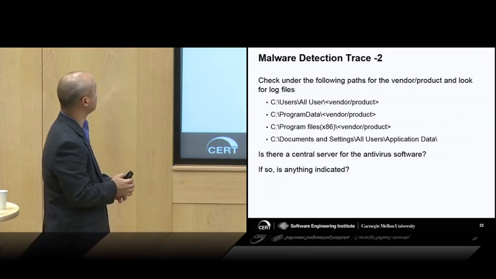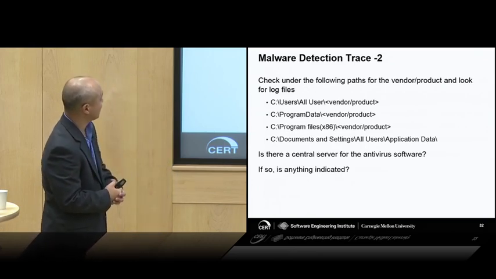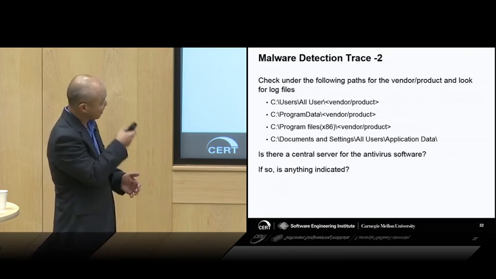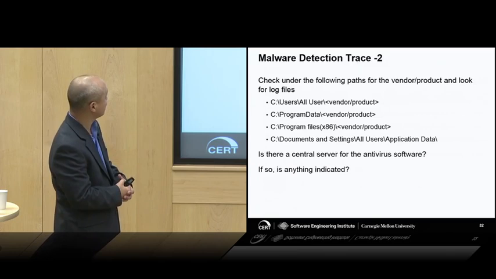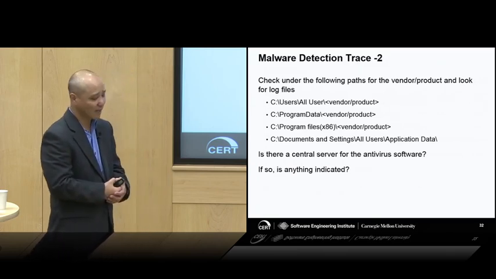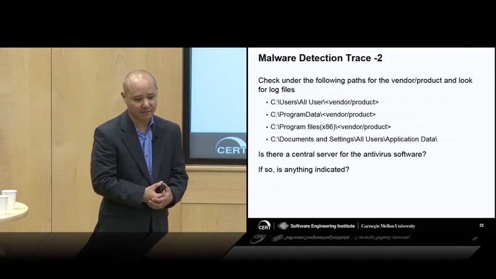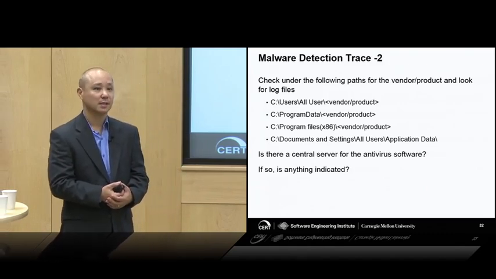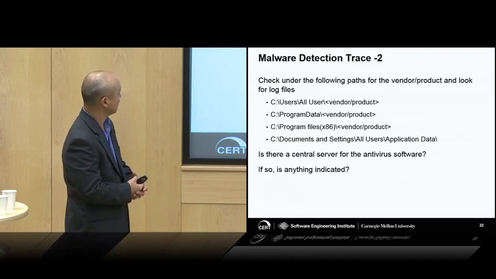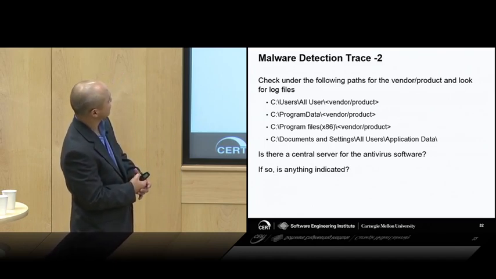Okay. So for the particular vendors, in a Windows system anyway, here's the path to the vendor product and where their log files are. Should they have quarantine or alerts, these are the locations, generally speaking, I believe for Windows 7 for the most part.